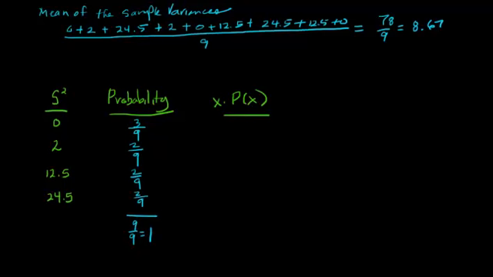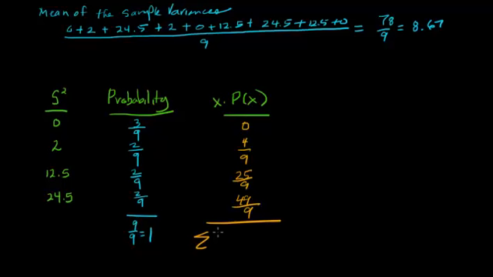Okay. So now let's find our x times p of x column. 0 times 3 over 9, well that's 0. 2 times 2 over 9 is 4 over 9. 12.5 times 2 over 9, that's 25 over 9. And 24.5 times 2 over 9, that's 49 over 9.